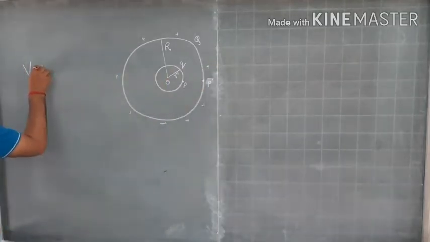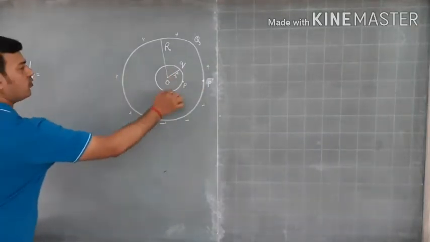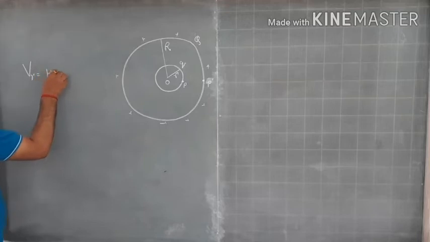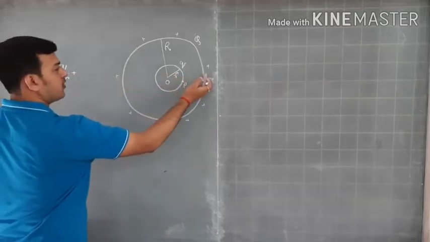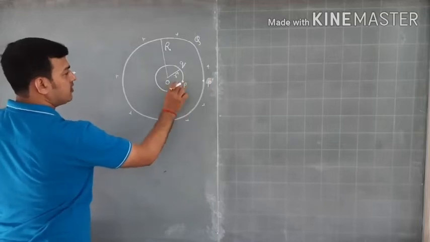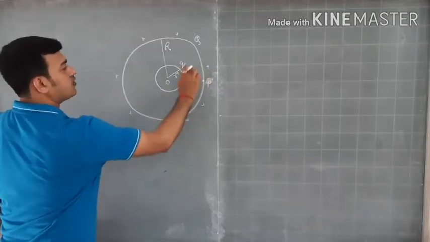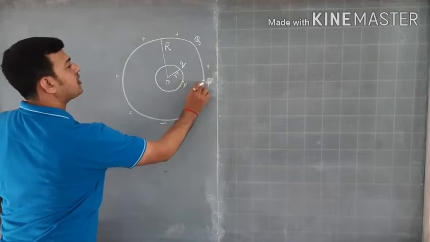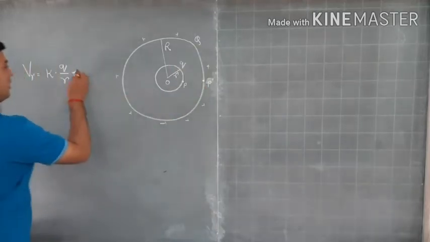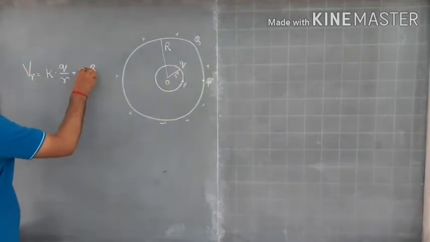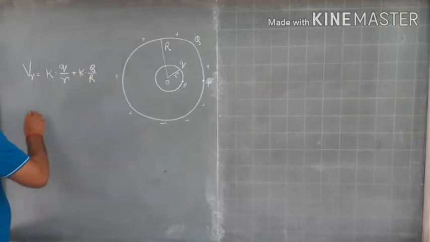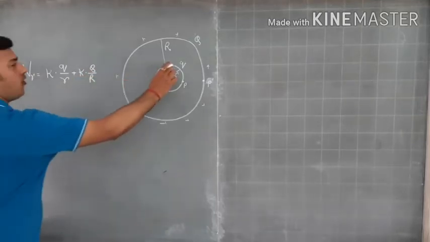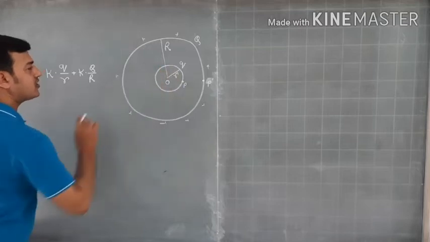So it is the sum of the potential due to its own charge, and that is going to be K times q by r, plus the contribution of potential of this shell, as this point is inside this shell. So the potential will be the same as the potential on its surface, and that can be calculated by KQ by R. It is the net potential on the surface of the inner shell.